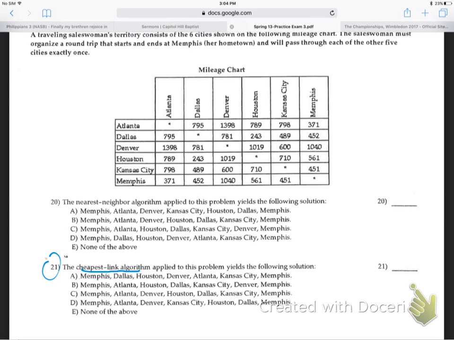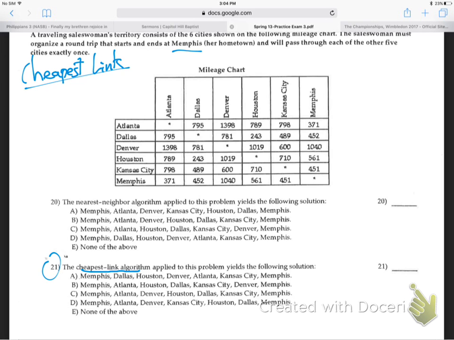All right, let me help you get started. So what do you do? So we're trying to do cheapest link now. Write it up here. So with cheapest link, what do you do first? Do you start at Memphis, because we're supposed to start at Memphis, right?